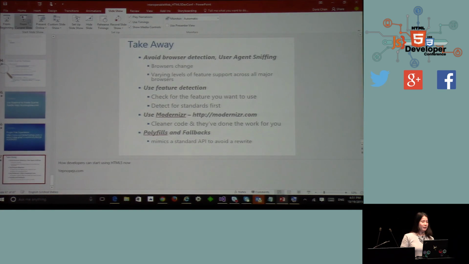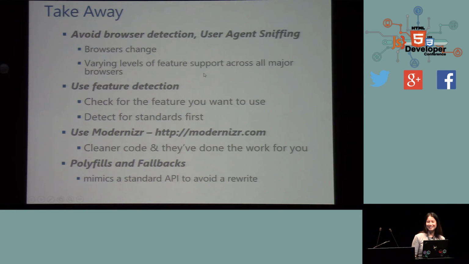So, okay, very good. Few takeaways. I hope you could use this technique. There are a lot of things you could do with Fiddler to generate different responses, so that you could see what's going on without breaking the site. Let the site run live. So we talk about avoid browser detection, avoid user agent sniffing.